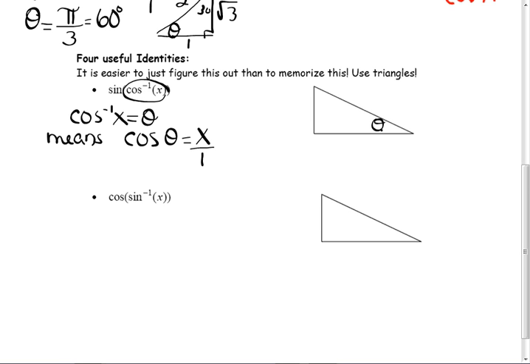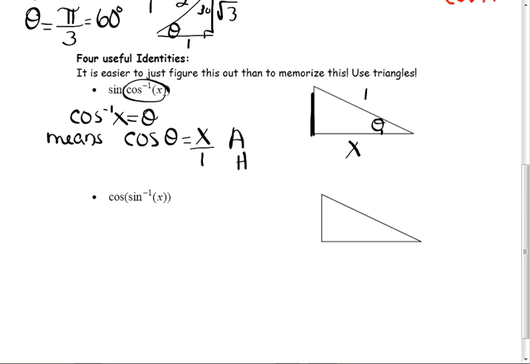Cosine of my angle is x over 1. So where does x go? Adjacent over hypotenuse. Does that help? SOHCAHTOA? So this is x, and this is 1. And then I want to find the sine of that angle. Well, the sine is going to be this side, so I need to find that side.